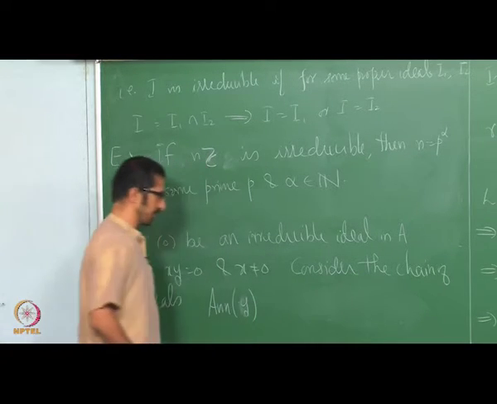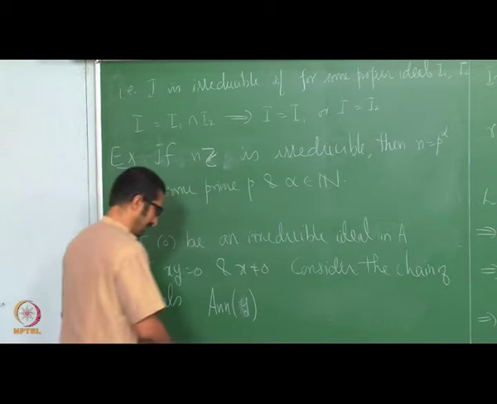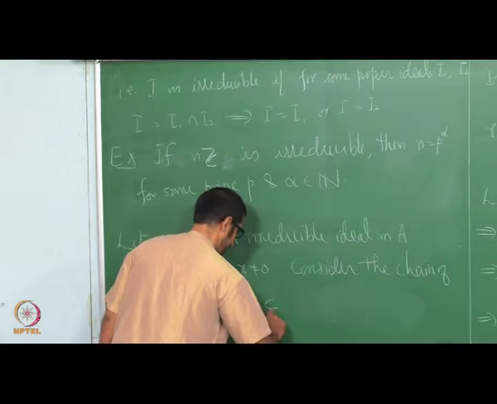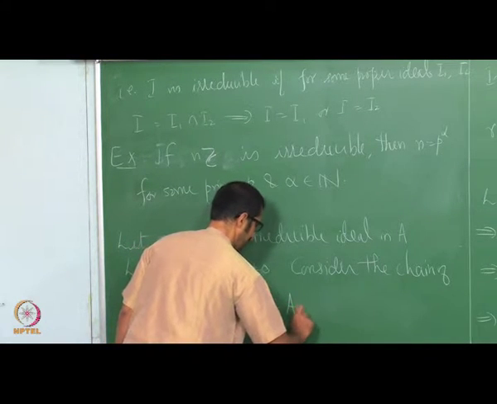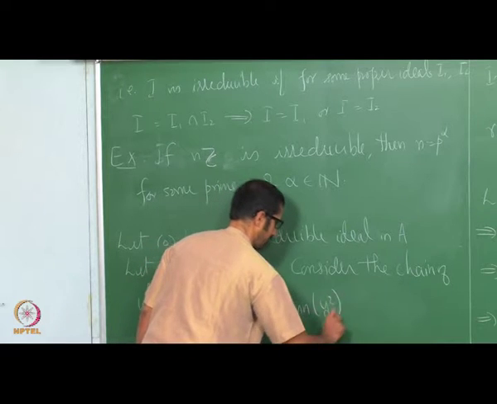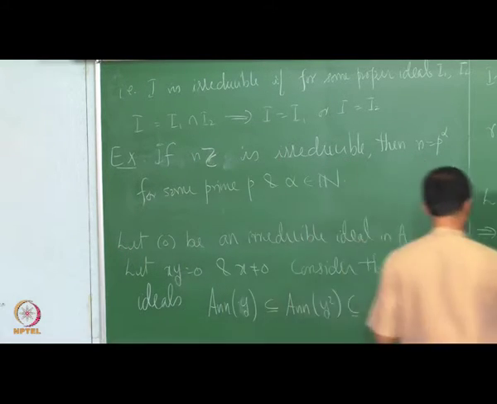See, our aim is to prove that y power n is 0. Okay. We have a chain of ideals.